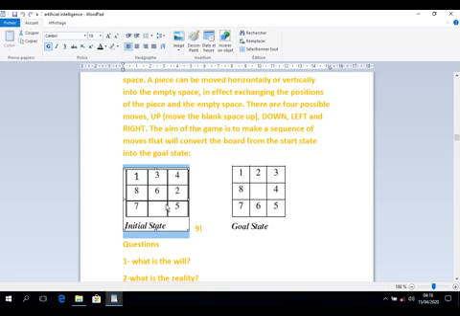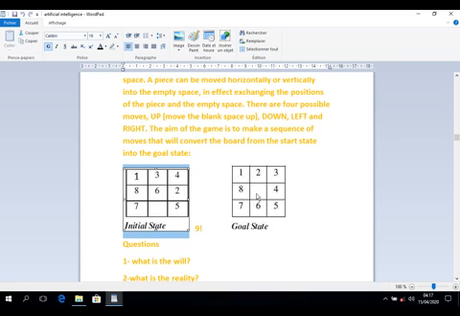If we go back to this problem, for example, we know that we have 4 operators: up, down, left, and right. But how do we select a state from this one? When the empty space is at this position, we know that the down operation cannot be applied. That is the descriptor. So you cannot move down.